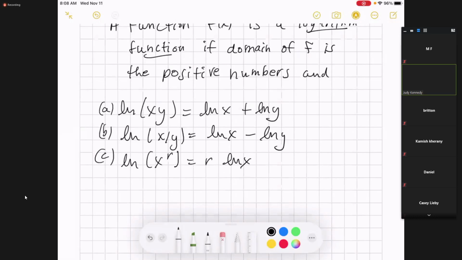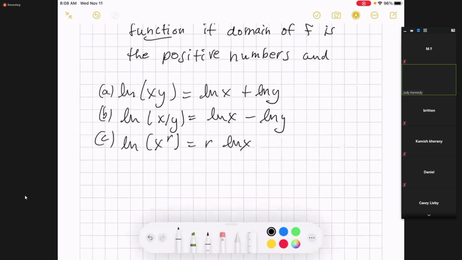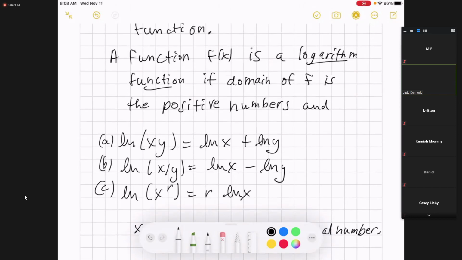And let's see, I should put some conditions on x, y, and r. X is greater than 0, y is greater than 0. R can be any real number. Three properties must be satisfied if this function, ln, that we have defined really is a logarithm function.